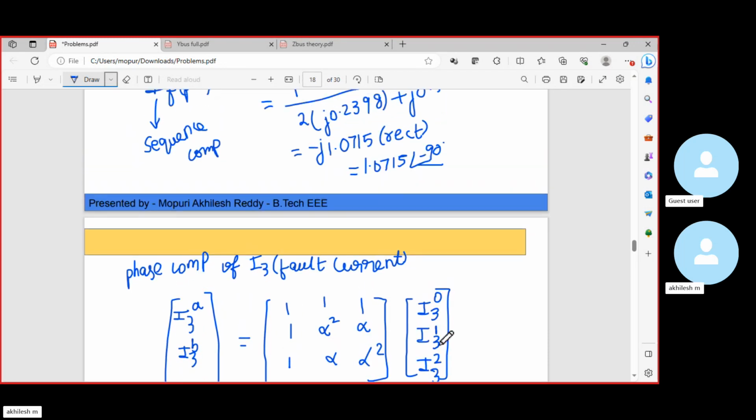So the value of this, let us take here alpha. If you take 1 at an angle of 120 degrees, you need to take this as the value. If you take alpha in rectangular form, what is the value?